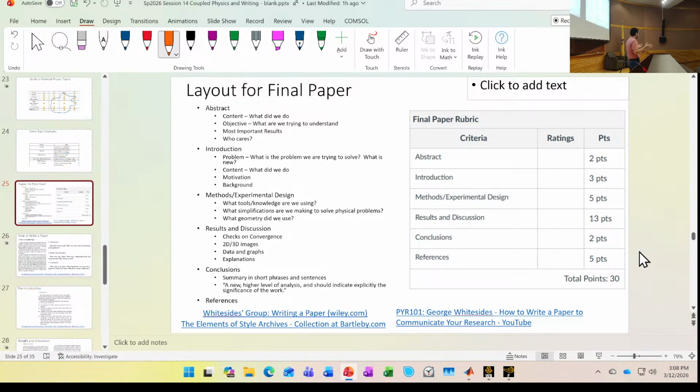Results and discussion. Okay? So please make sure, and John Singer, he had 3 points for results, 10 points for discussion. Okay? They're merged here. You get 5 points for references. That's a huge percentage. And yet, most people mess it up.